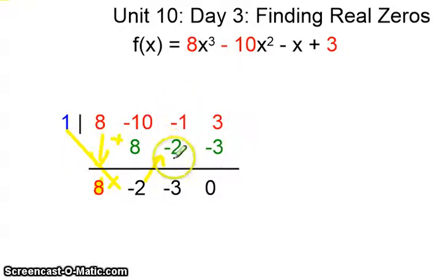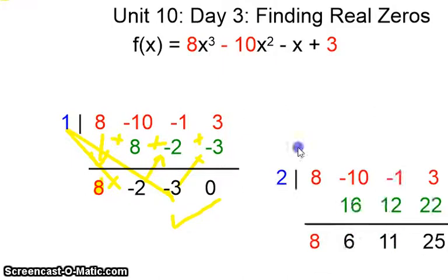So negative 1 plus negative 2 is negative 3. And then 1 times negative 3 is negative 3. And 3 plus negative 3 is 0. So yes, it works. We can apply the same method for another test.